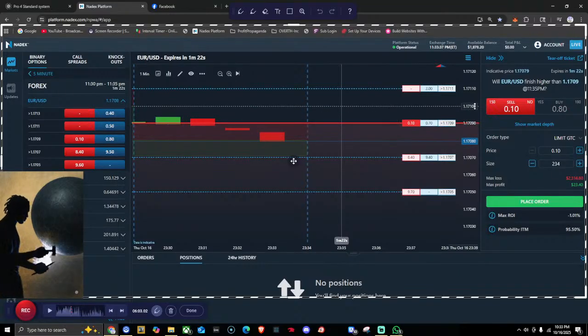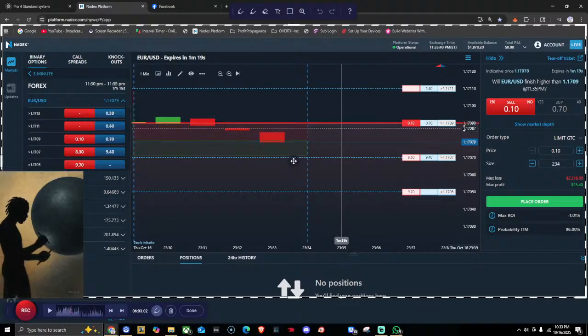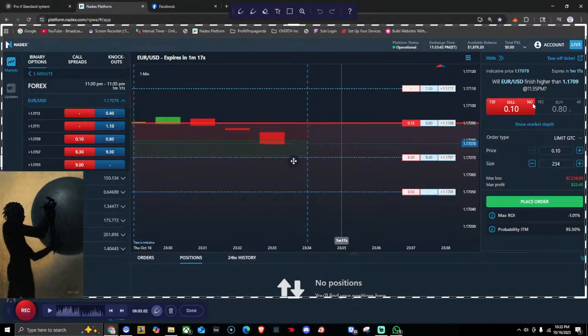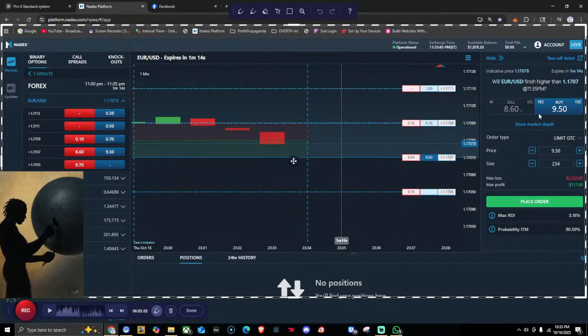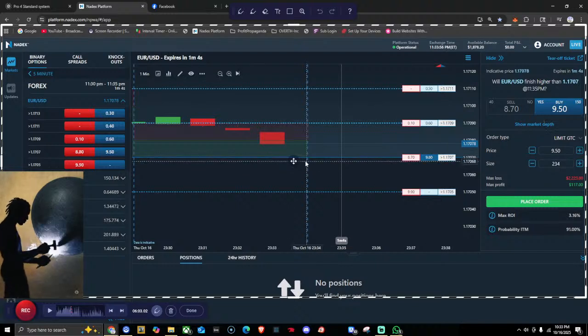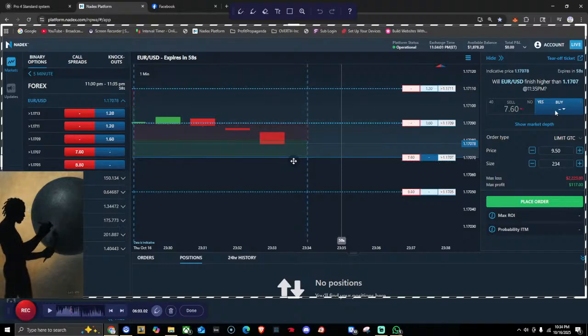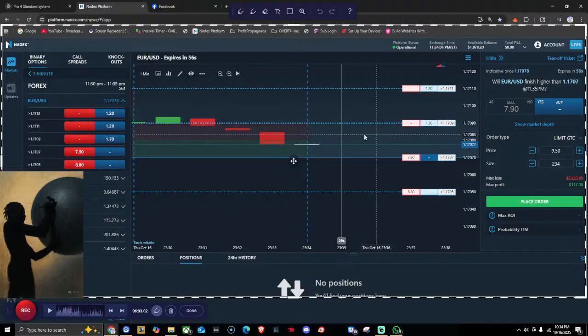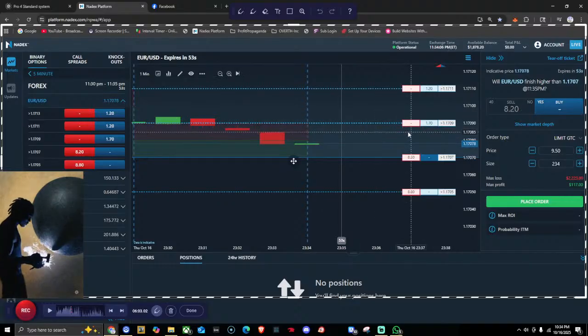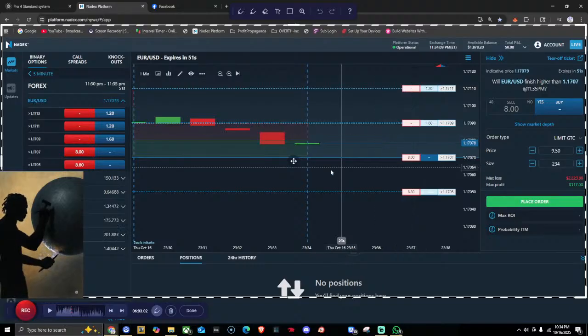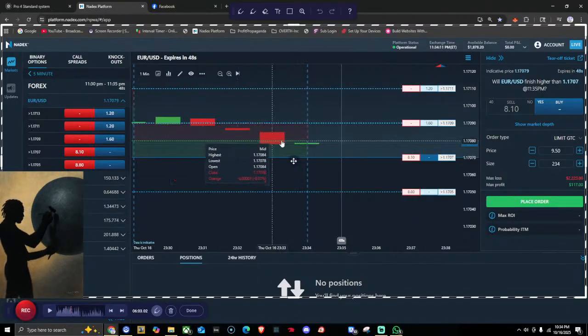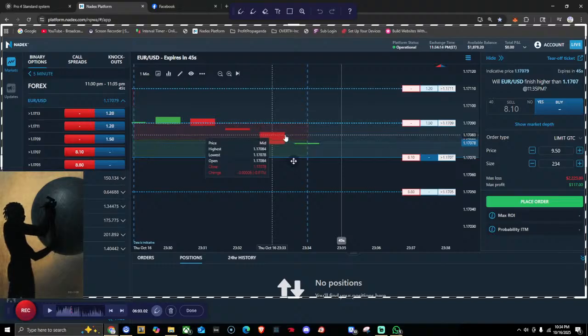I'm looking between $1.50 and $2 that would invite me in for a sell. And on the buy side, I'm looking between $8 and $8.50 to invite me in to consider a buy. But the price for the buy is way above 8.5, and the price for the sell is way below 1.5 to 2. So this is out of our range. There's nothing that I'd be able to do with this one.